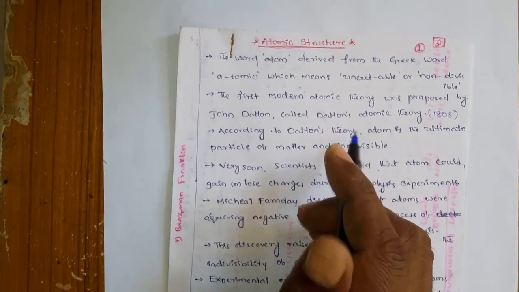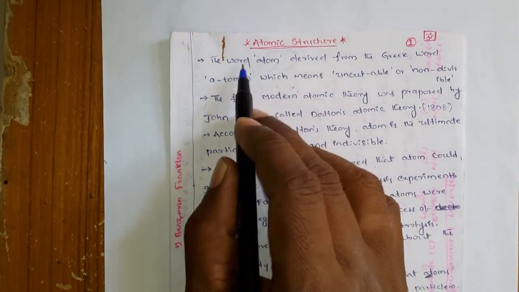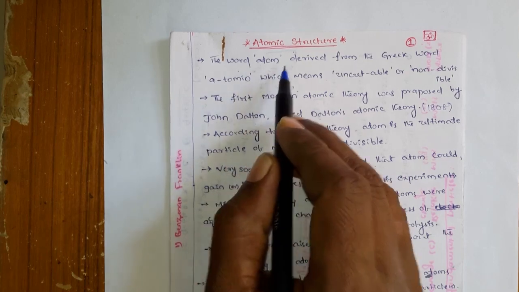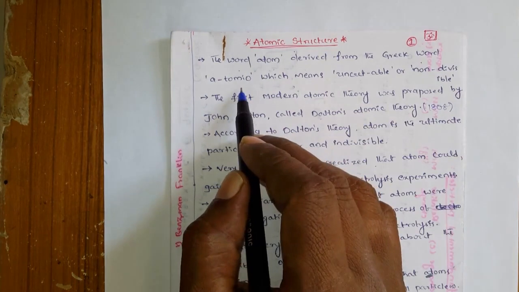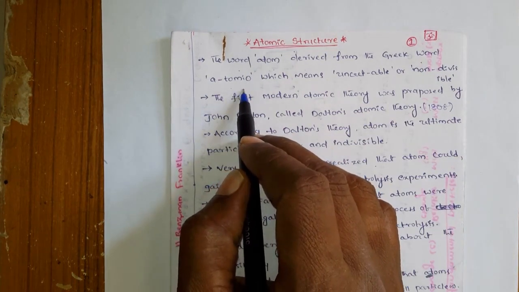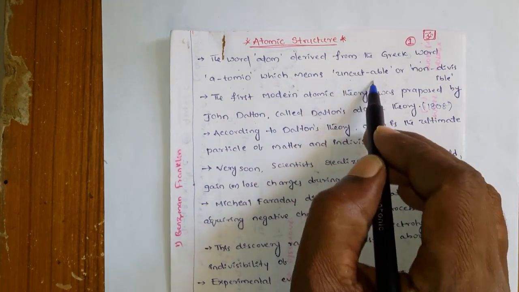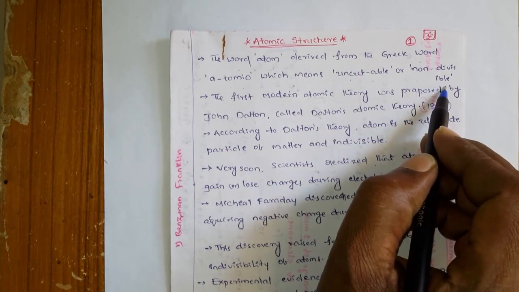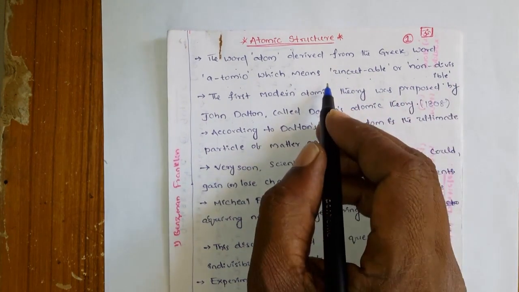So this is our notes. What is the atomic structure? The first word, atom, you know it is derived from the Greek word atomio, which means uncuttable or non-divisible. Why did they keep this name?